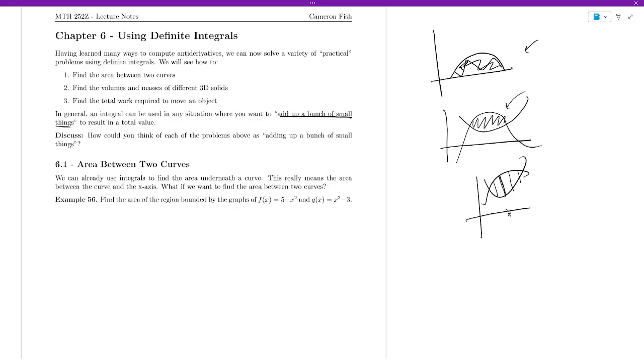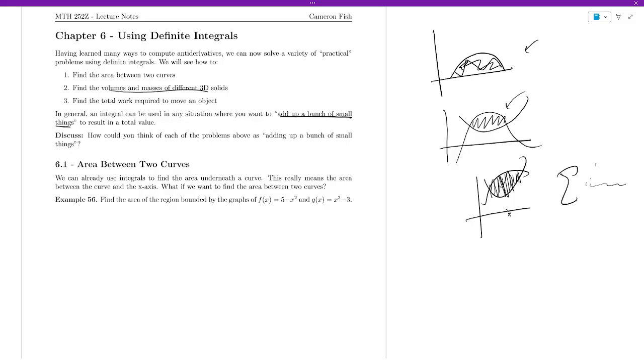If I add up all the vertical slices, all infinity of them, that fills out the area. To make that precise, we do the Riemann sum thing: we add up the rectangles, but you can think of it as adding up these little slices.